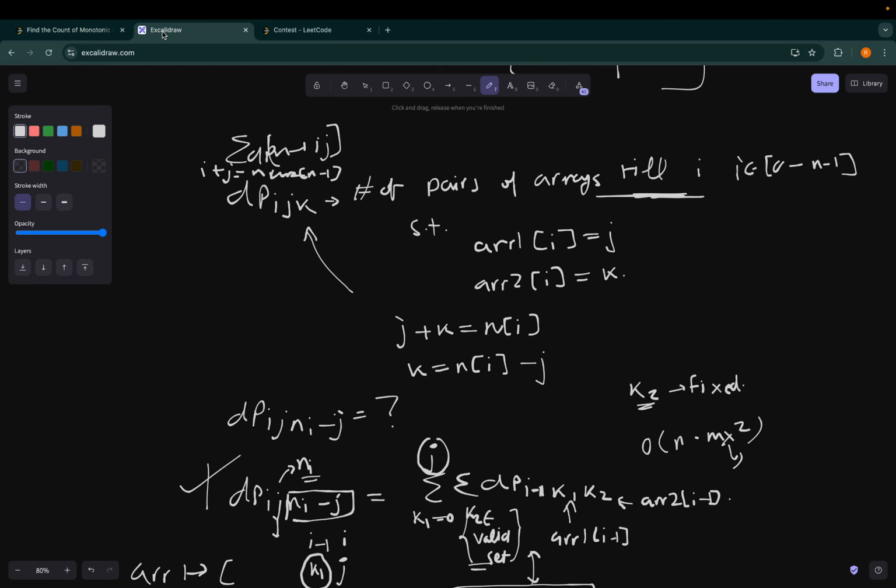So earlier what we did with this, this was like 2000, and this was like 50 and 50, and the complexity was 2000 into 2500, which we just managed to pass. This passes in time because it's of order 10 raised to 8, I think, which passes. But if you put 1000 and 1000 here, there's no way it's going to pass. So we cannot do this dp, and we have to think of something else.